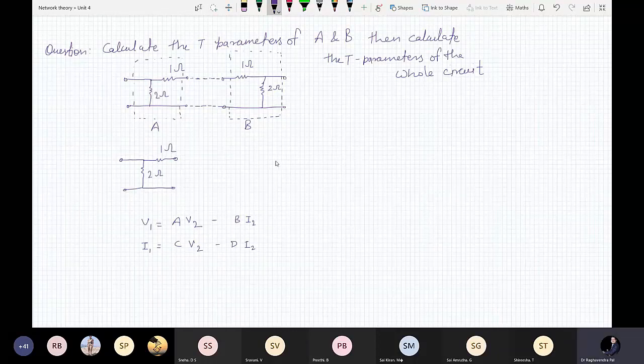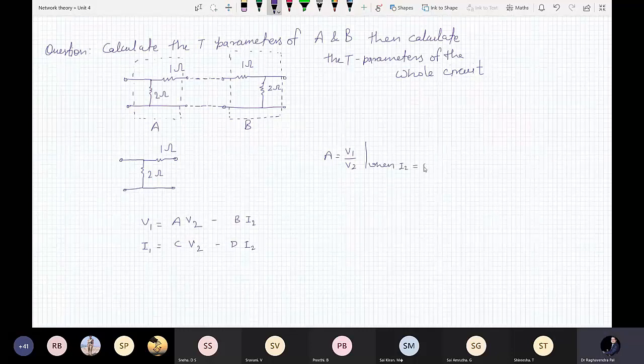So let us calculate A first. A is equal to V1 upon V2 when I2 is equal to 0. I2 equal to 0 means it is open circuited, so like this only. Oh, it is open circuited already, so I2 will be 0. Now, what is the value of V1 and V2? So we will connect V1 here, suppose it is 1 volt.